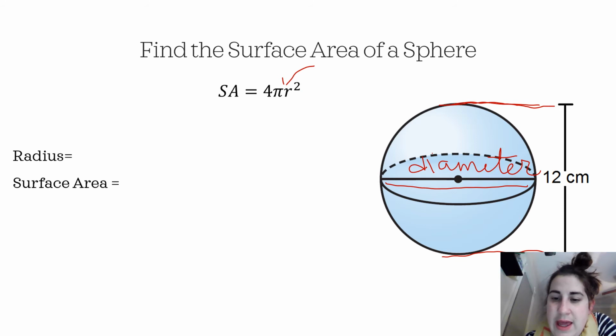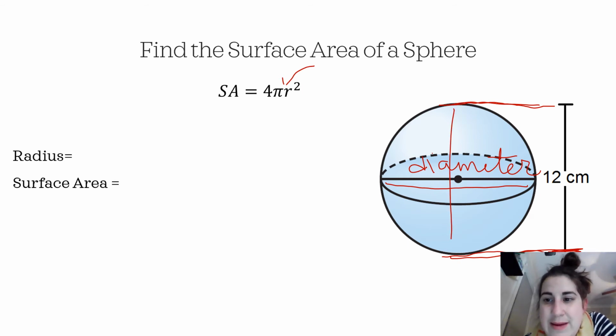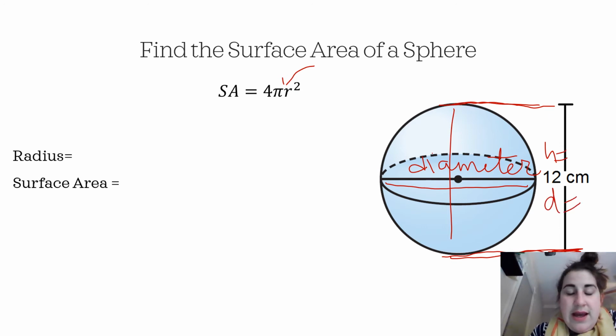And it's saying, hey, this part is 12 centimeters. So the height of this is 12 centimeters. That's the same thing, even though the height is the diameter. So to find the radius, I have to divide by 2, right? So I'm going to do 12 divided by 2, which gives me 6.